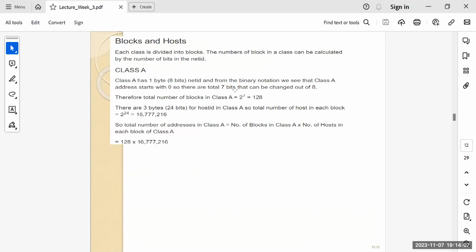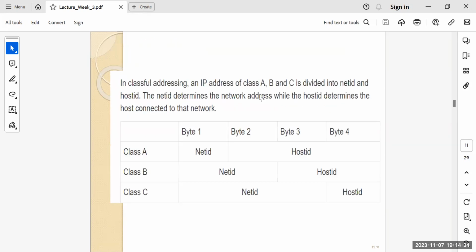Since the first byte is for the network ID, but we have fixed the first bit of that, we are left with only 7 bits to play with, right? So there are a total of 7 bits that can be changed out of those 8 bits allocated to the network ID. So the total number of blocks in that case would be 2 power 7, and 2 power 7 is 128.